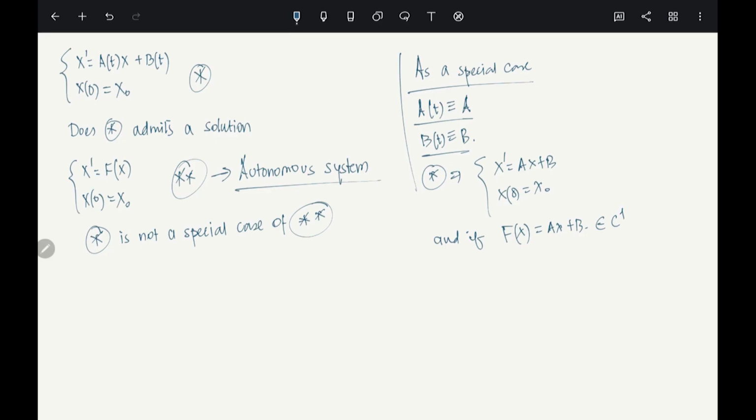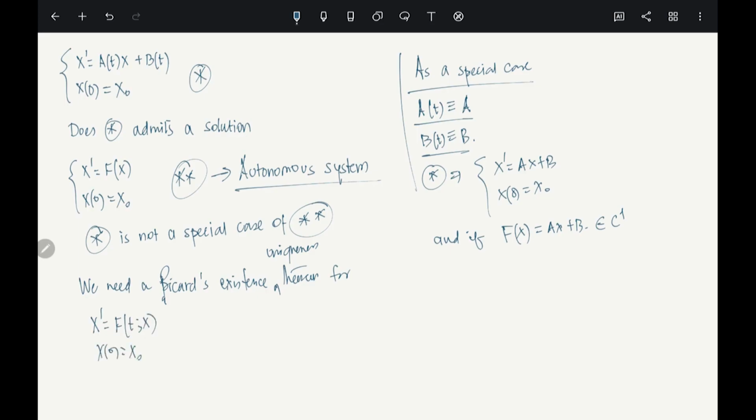But if it is dependent on t, then we need a Picard existence and uniqueness theorem for this sort of system: x prime equals f of t comma x, x(0) equals x0. Let's call this system hash.